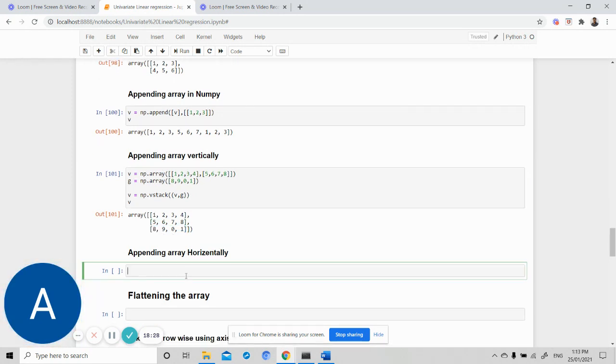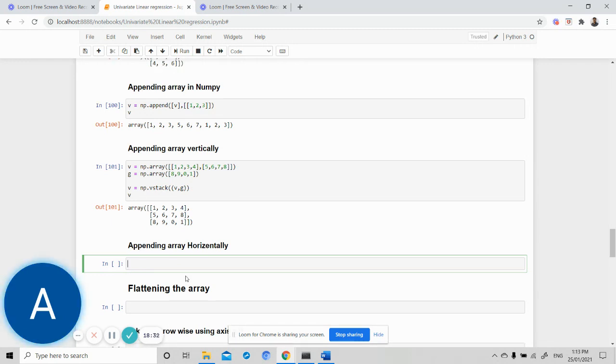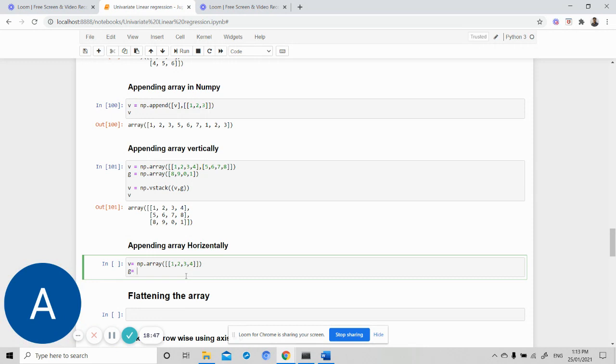Similarly, to add arrays horizontally, suppose we have 3 4 and another array 0 comma 1.